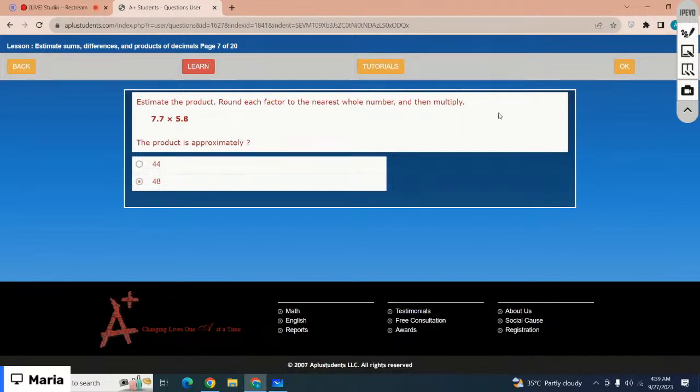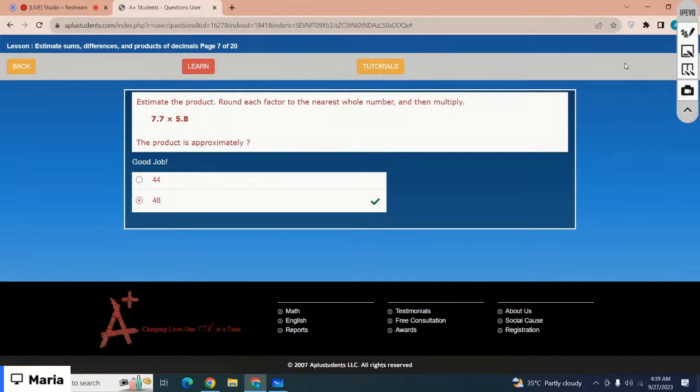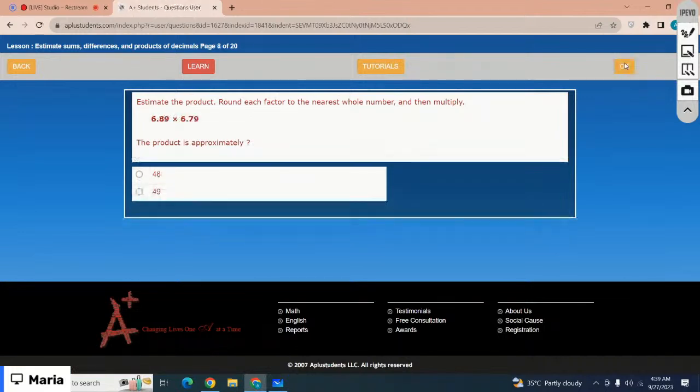Very good. 6.89 times 6.79. So which is the correct option?